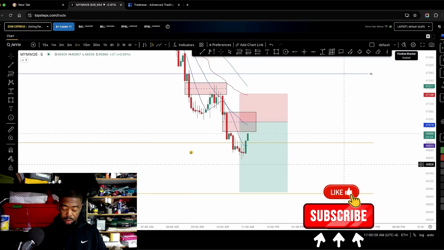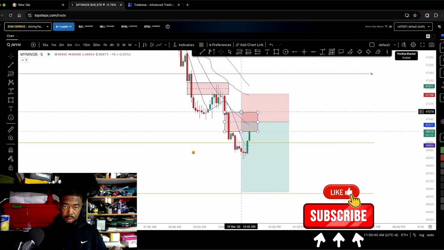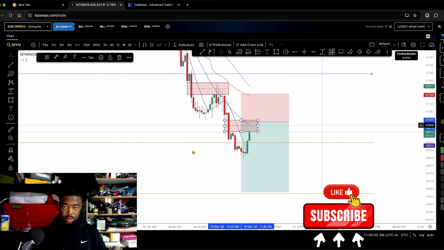This candle could either reject and come back down, which is what I'm looking for, or it could inverse that gap. Oh wait, this is the 15-minute gap. Let's go back to the 5-minute gap. It could inverse this gap and continue to the top.